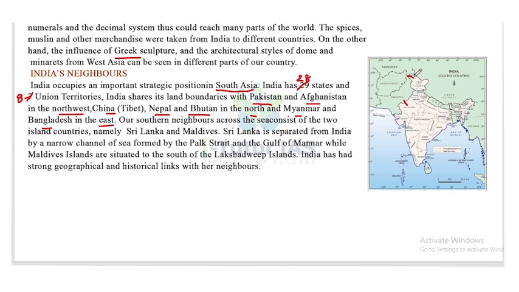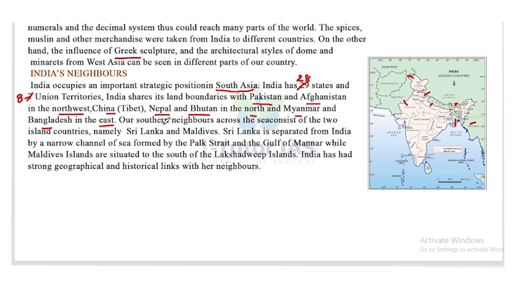Here is Afghanistan, then Nepal, China, then here Bhutan, Bangladesh, Myanmar. Okay, so 1, 2, 3, 4, 5, 6, 7. So it's bordered its land or shared the land with 7 countries.